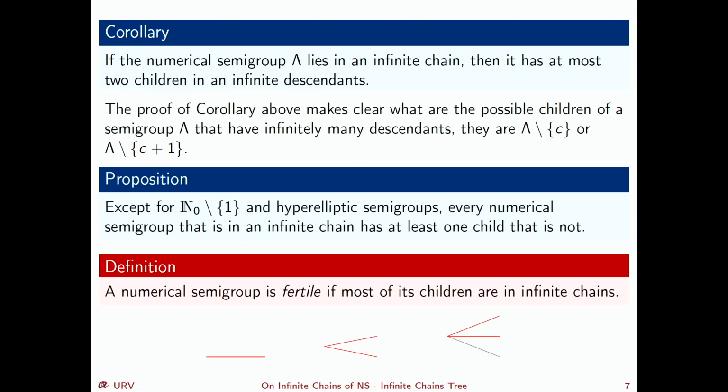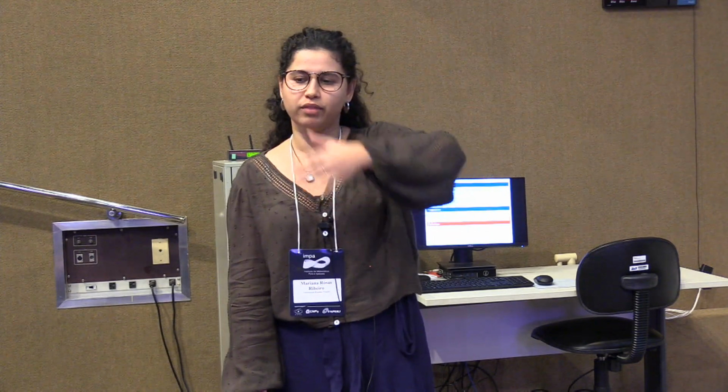And we also proved that if a numerical semigroup in an infinite chain has a few children, necessarily it has a child with no infinite chain, because we have this proposition.